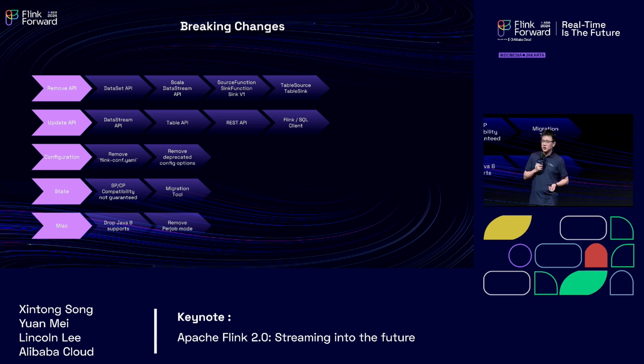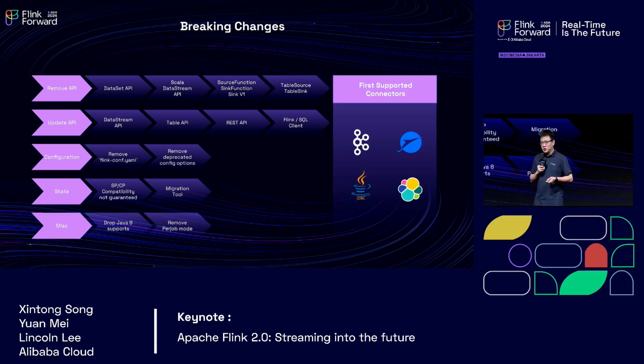We just mentioned that we are removing some old connector APIs. That means if there are existing connectors using the old APIs, they need to be migrated to the new APIs in order to work with Flink 2.0. As a first step, the Flink community will work on the 4 most commonly used connectors: the Kafka connector, Paimon connector, JDBC, and Elasticsearch.